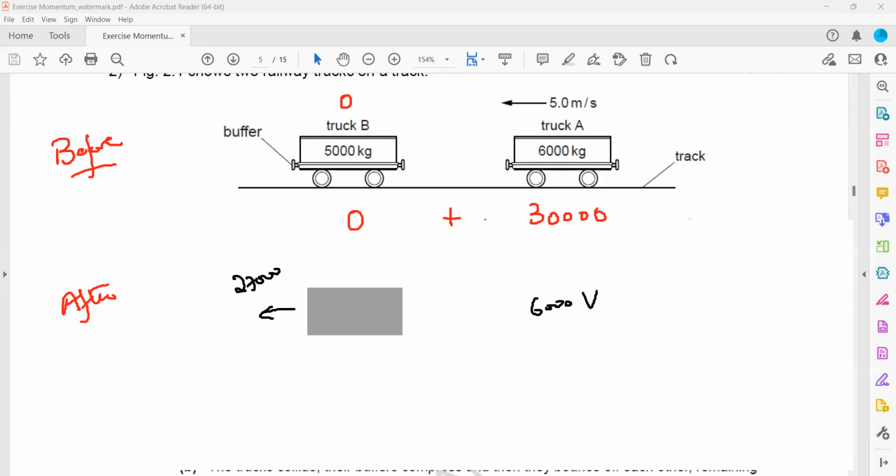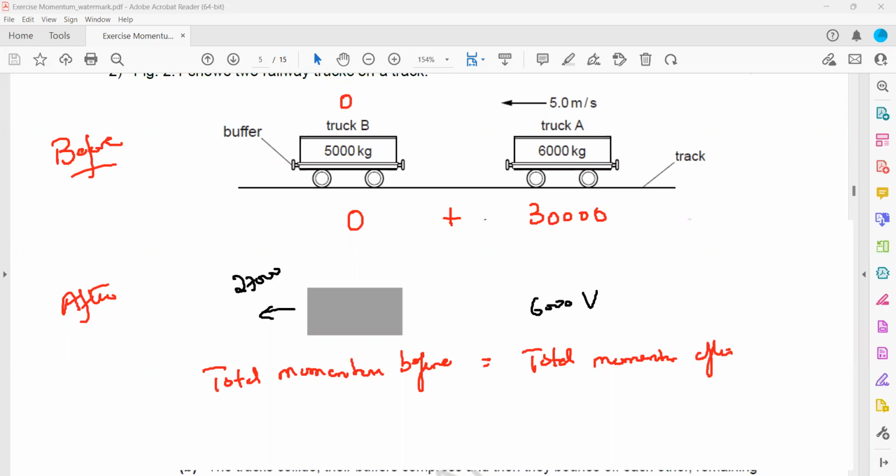We'll simplify this. By using conservation of momentum, the total momentum before equals the total momentum after the collision.